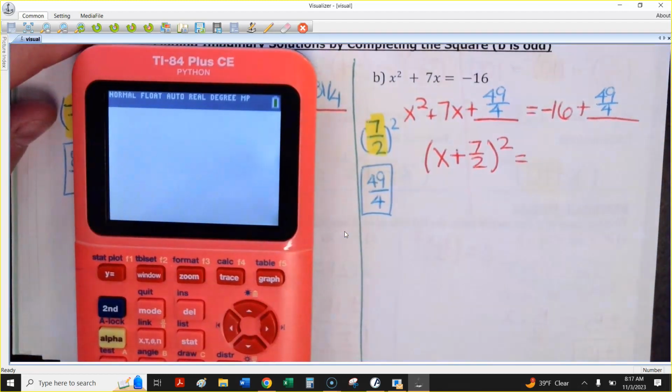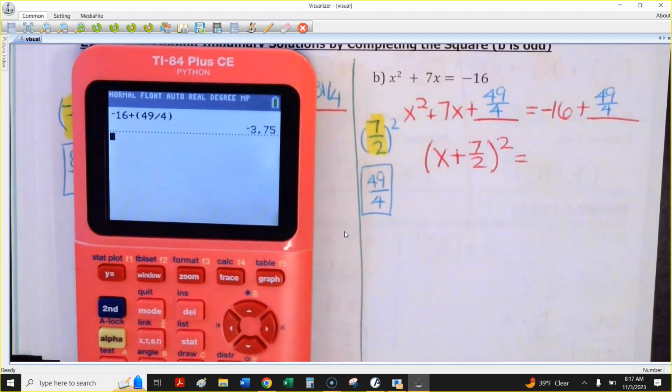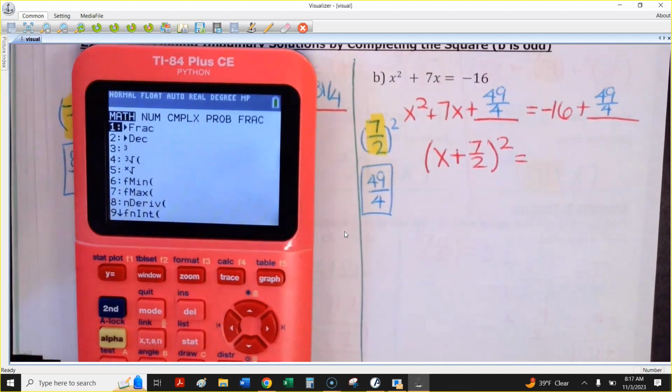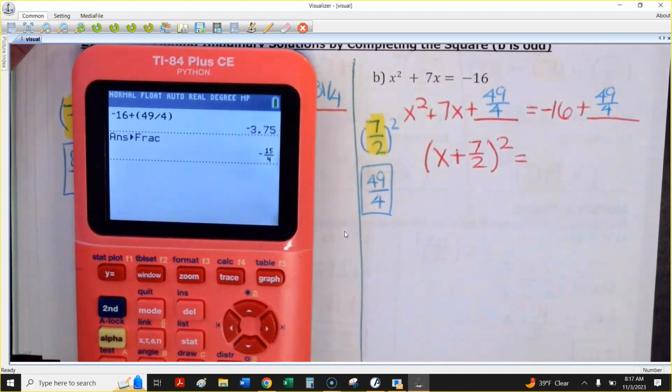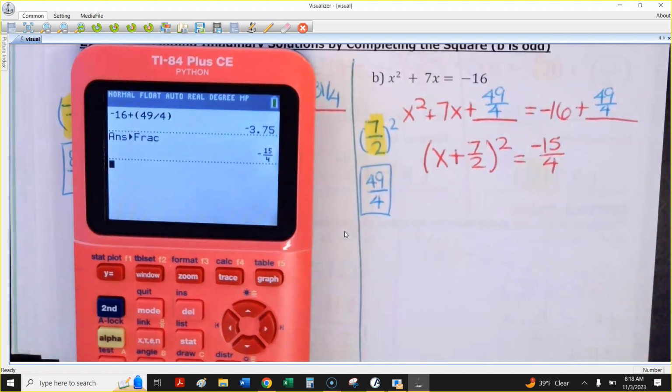I'm going to use my negative key to do negative 16 plus, and I'm just going to put 49 over 4 in parentheses. I know you guys could convert these, but I'm just trying to save you some time. So then I just hit math, enter, enter. And this guy is negative 15 over 4.